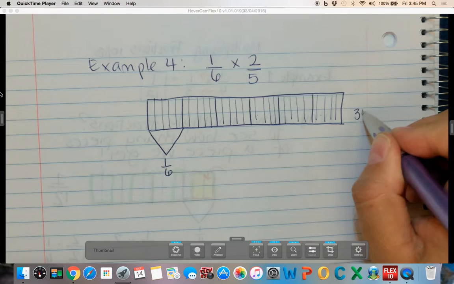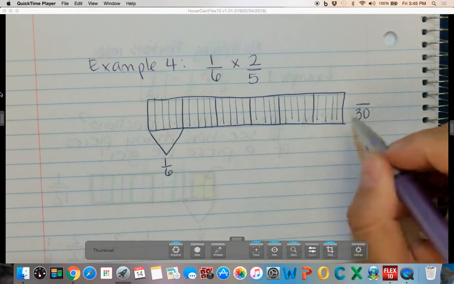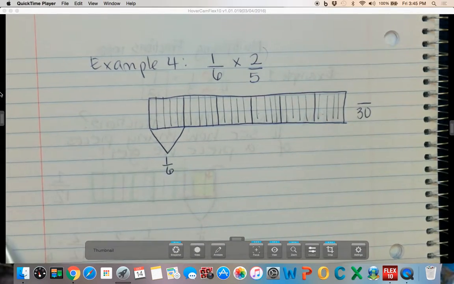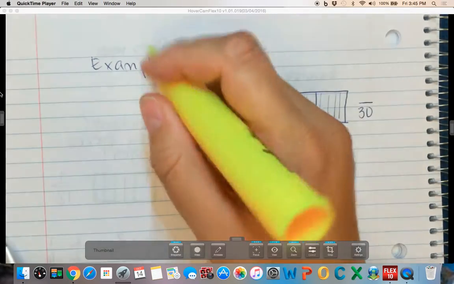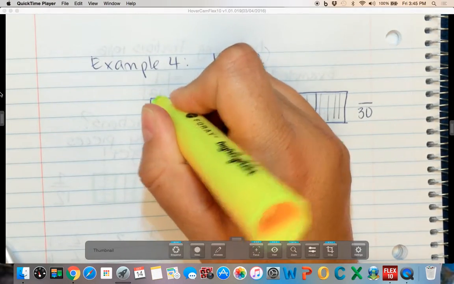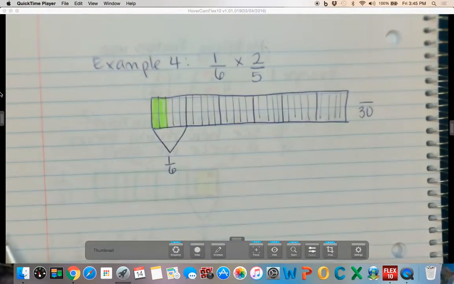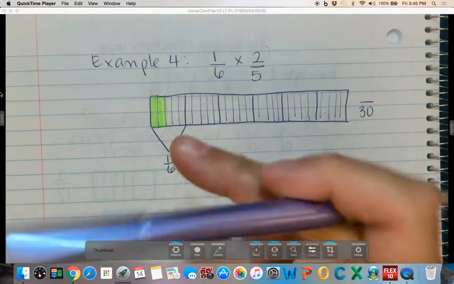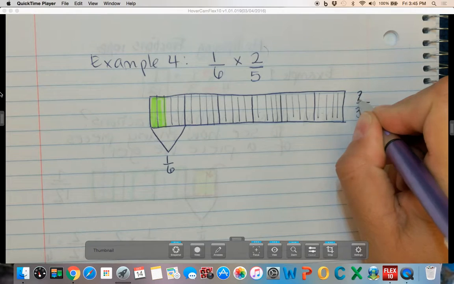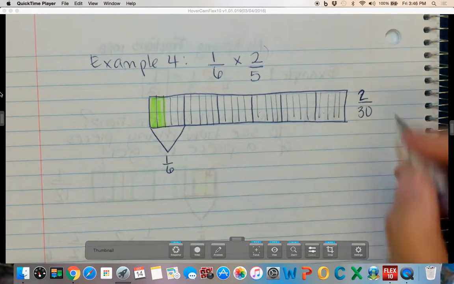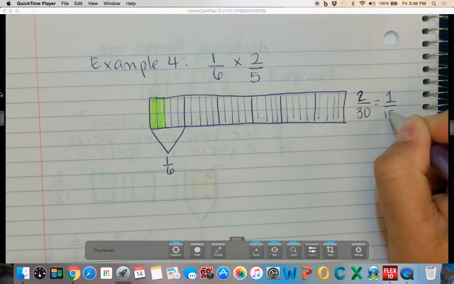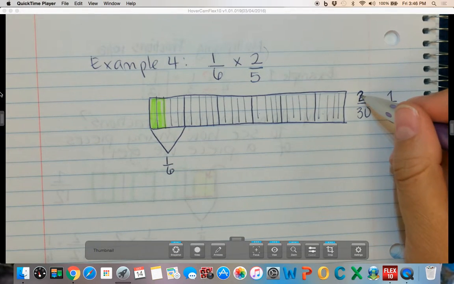I have 30 pieces. And now it wants me to focus on 2 of those, two of those out of the 30 pieces. And if I simplify it, it's going to give me 1/15 because I divided the 2 by 2 and the 30 by 2.